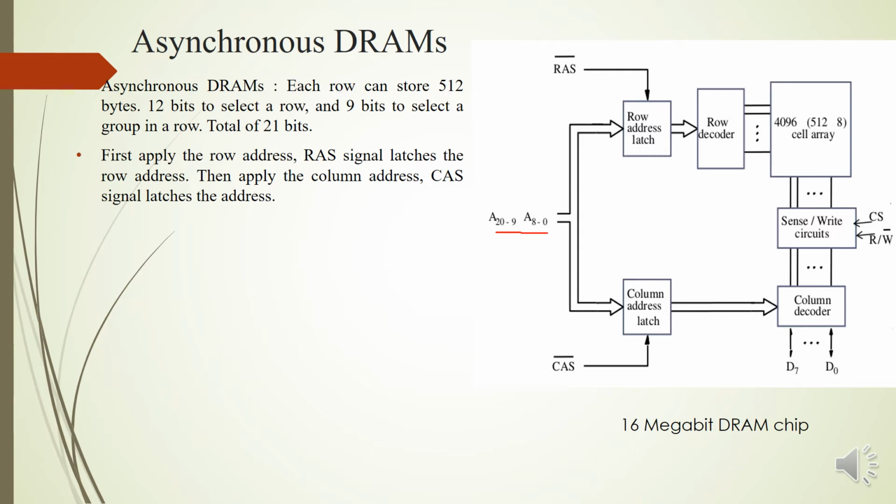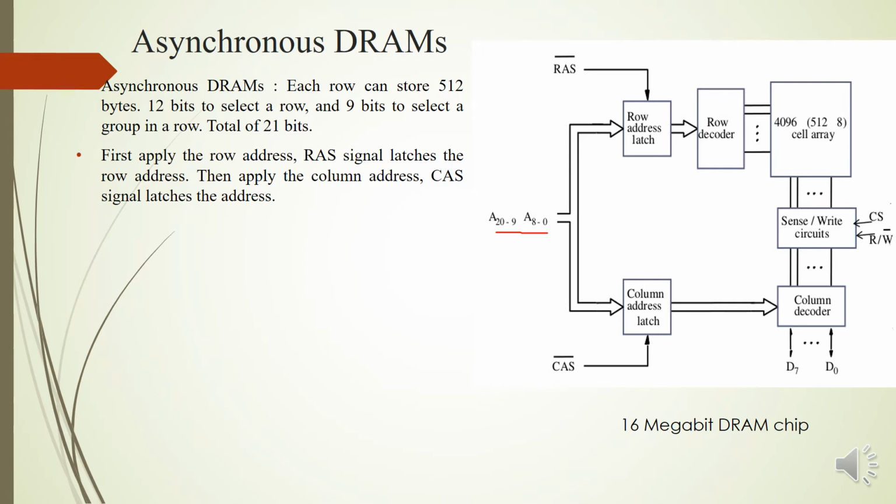In this asynchronous DRAM chip, each row can store 512 bytes of data. 12 bits are used to select the row, that is A9 to A20, and 9 bits are used to select a group in the row with the help of the column address latch. A total of 21 address bits are required.